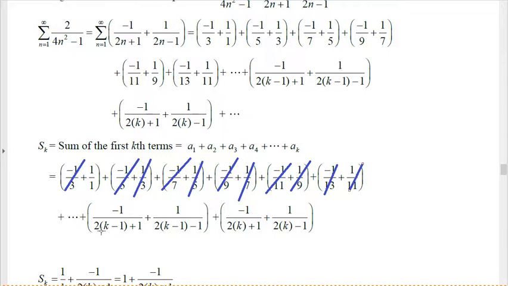And then we can see right here, this is 2k minus 2 plus 1, which is 2k minus 1, and they will cancel out with this one. And then eventually this one will also get canceled out. And so the only things left are the 1 over 1 and negative 1 over 2k plus 1. So the sum of the first k terms will be 1 plus negative 1 over 2k plus 1.